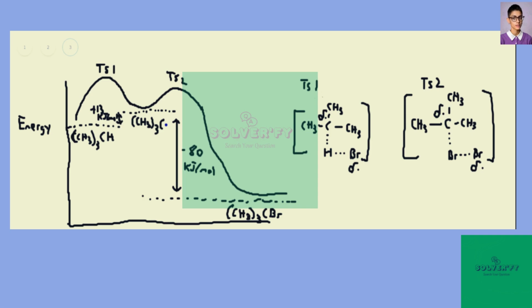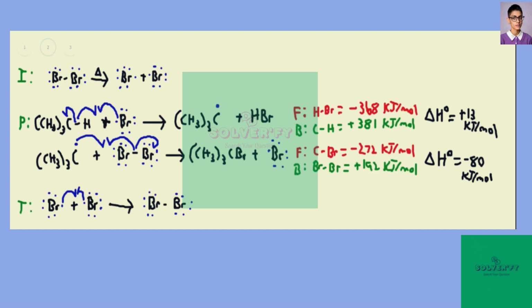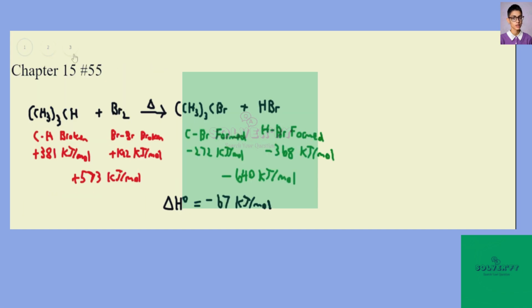Again, I just drew them out ahead of time because this is already quite a long answer. So there's parts D and E. Here are parts B and C again, and here is part A. That's the answer to chapter 15, problem number 55.